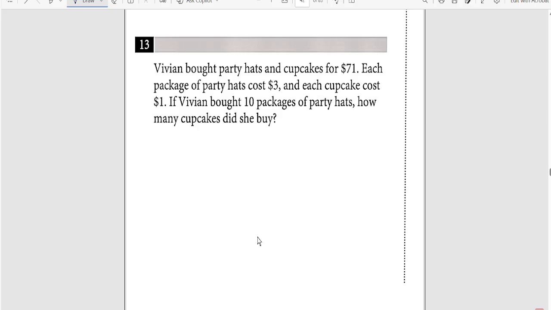Okay, so first we calculate the total cost of party hats. Basically, the cost per package of party hats is $3. So the total cost of hats is going to be 10 packages times 3, right?